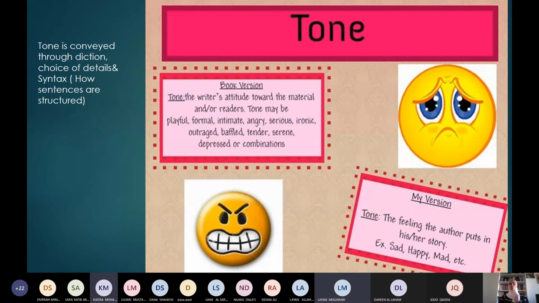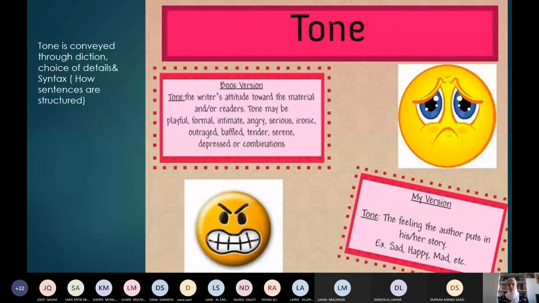Agree? So what if I don't see her? What if I read what she is writing? I don't hear her voice. How will I get to know her tone? From the usage of words and word choice. Yes, by the words she writes.